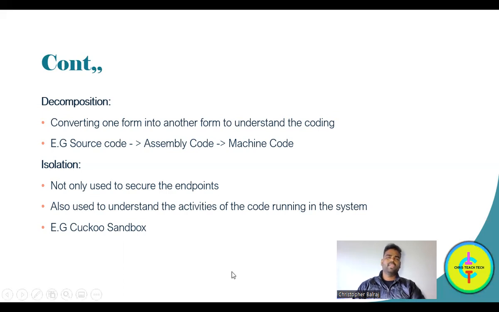Okay, and finally isolation. In our previous chapter we discussed sandboxing. Sandboxing is not only applied to secure the end system, it can also be applied to check the genuineness of software.